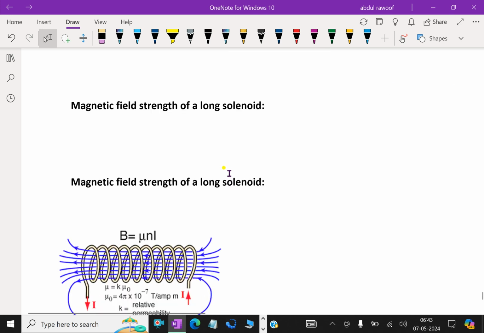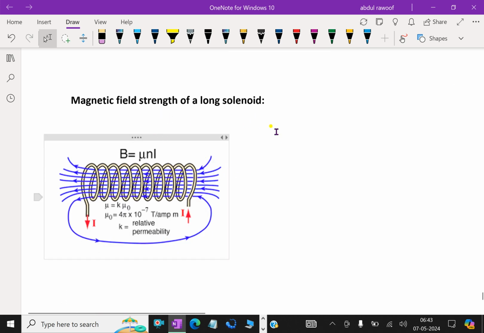Now next, magnetic field strength for a long solenoid. Suppose the solenoid continues like a spring. In a long solenoid, the value of H remains constant throughout the length L, and the value of H outside the solenoid is negligible.